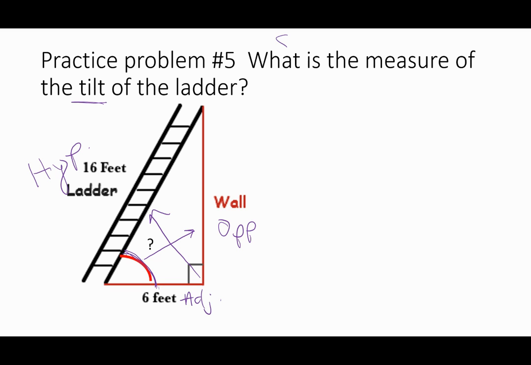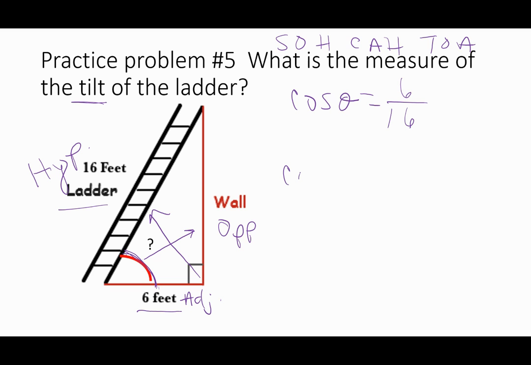Looking at our SOHCAHTOA, we have values for the adjacent and for the hypotenuse. So we are going to be doing the cosine of our angle measurement, which is adjacent over hypotenuse, 6 over 16. So we do the cosine of theta equals 6 divided by 16.